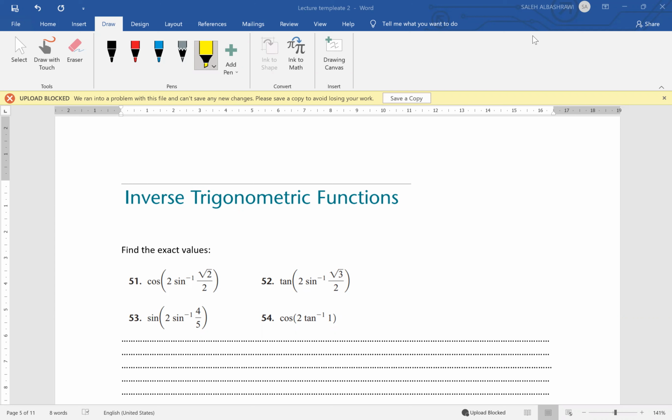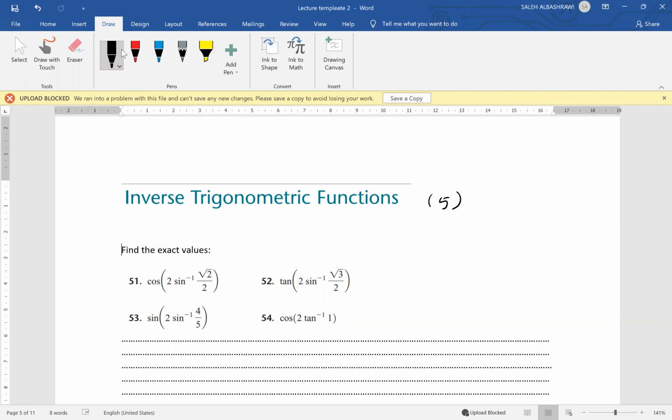This is the fifth part of this topic, inverse trigonometric function. In this part, I'm going to give more examples or exercises on how to find the exact value for the inverse trigonometric functions.